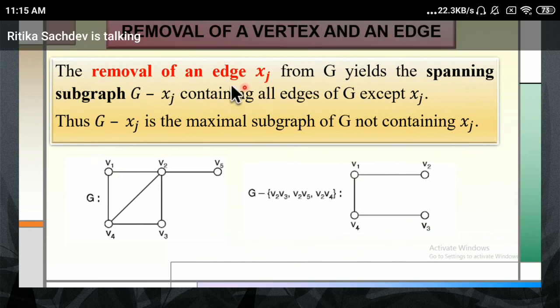Our definition says that if I remove an edge, I will get the spanning subgraph, which is G minus Xj. It is not saying a subgraph, it says spanning subgraph. If it is a spanning subgraph, should I keep V5 in this graph or should I remove V5 from this graph? Because now V5 has become an isolated vertex.